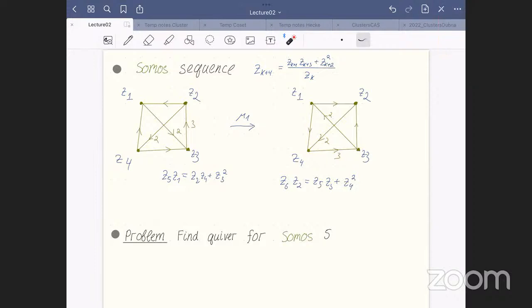Sorry, can I ask a question? Yes. It seems that first you complete triangles at Z1 and then you reverse arrows. No. As written, I think no. Which arrow do you want to check?